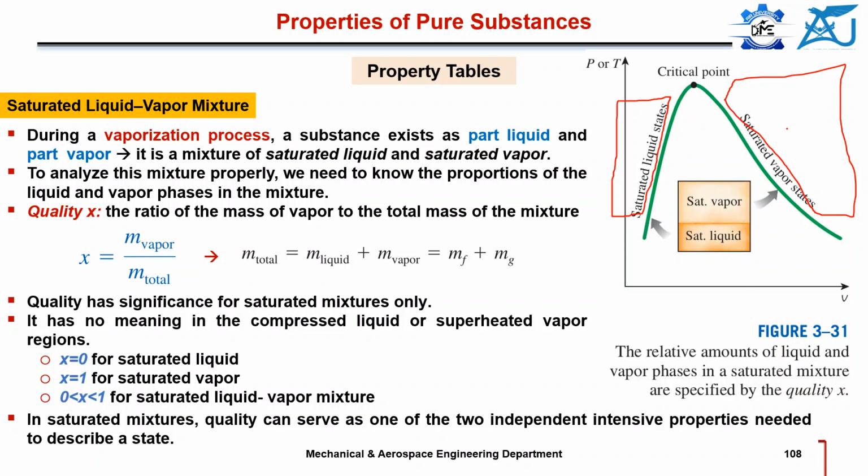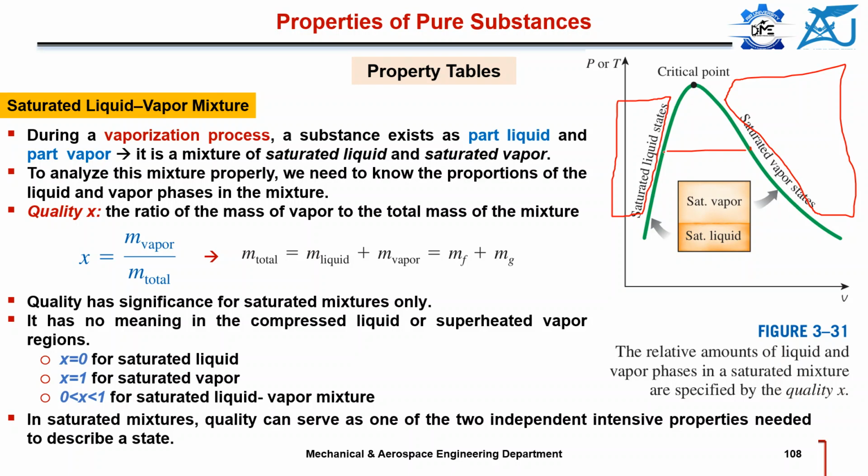If you are given the quality, either it is 0, 1, or between, this means that you are in this region, or you are at the saturated liquid or saturated vapor line.